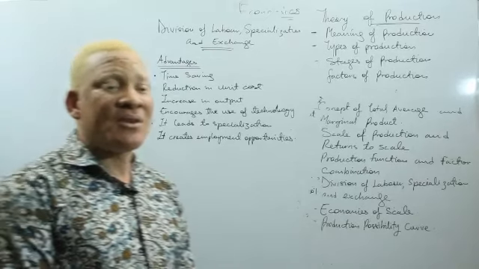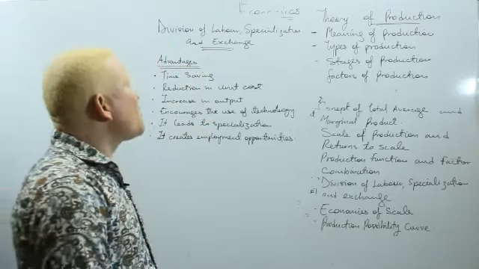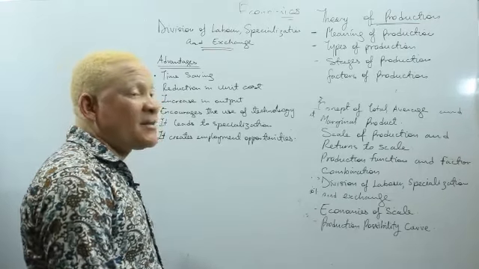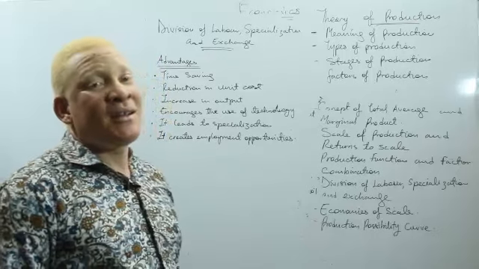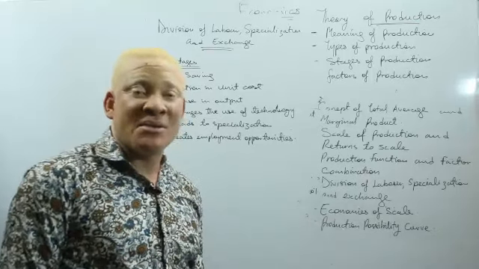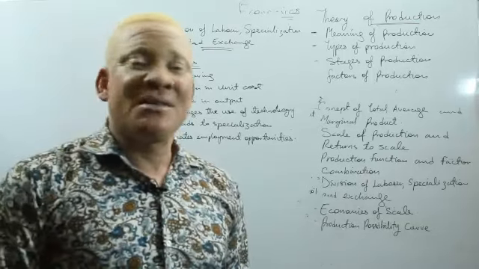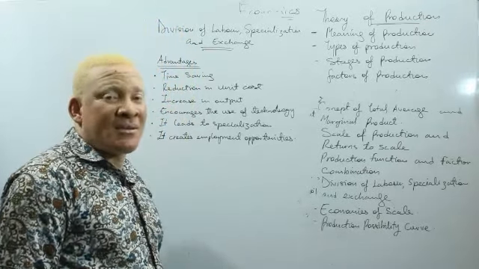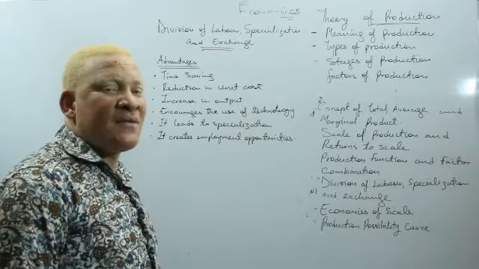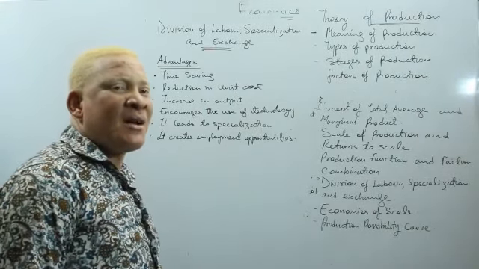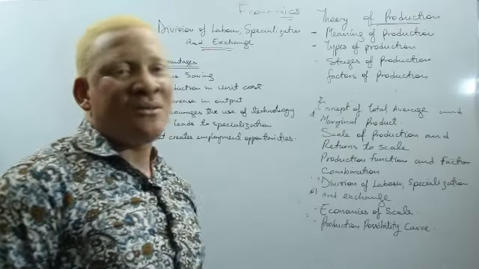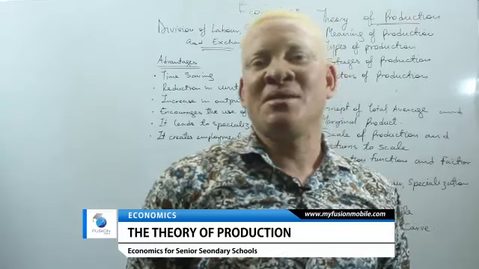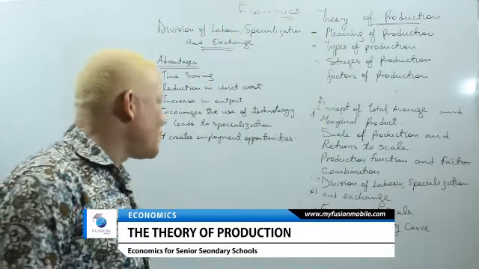And when scale of production is increased, higher inputs will be purchased at definitely discounted rates. Increase in output: as so many people are concentrated on doing what they know how to do best, they find better ways of doing things.